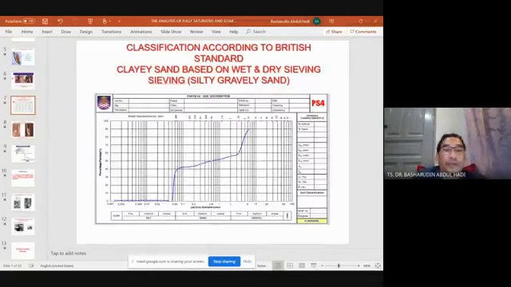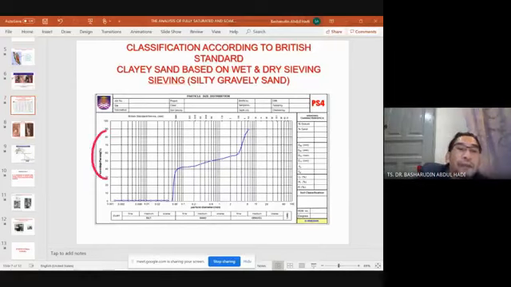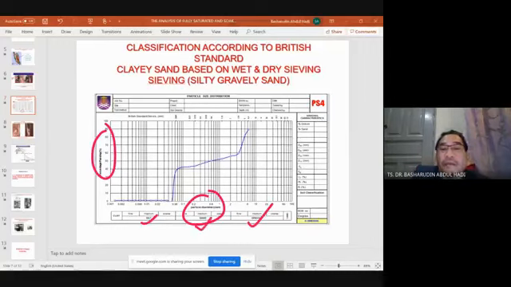Next, these are the results. You can see the percentage passing and the particle diameter, with sand and gravel classifications, and the British standard sieve sizes in mm.